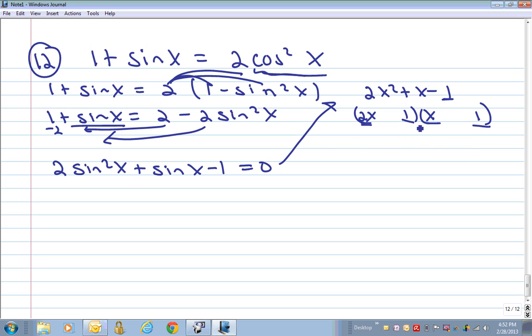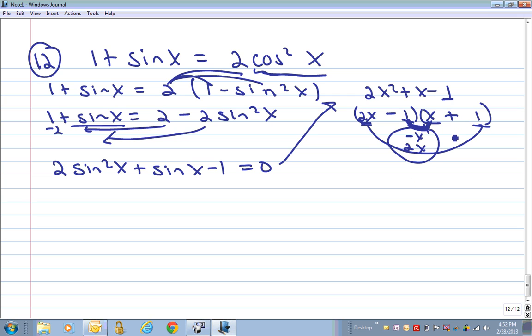If I do the smiley face, as I call it, or some people call it the rainbow, I take these two and multiply them, I get 1x. I take these two and multiply them, I get 2x. This combination has to be the middle term, which is just x in this case. So I want this x right here to be negative. A negative x and a positive 2x would give me my positive x. Since these are related, I'm going to put the negative here, and since these are related, I'm going to put the positive here.